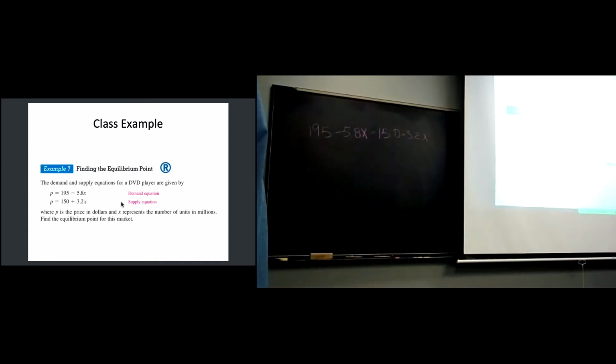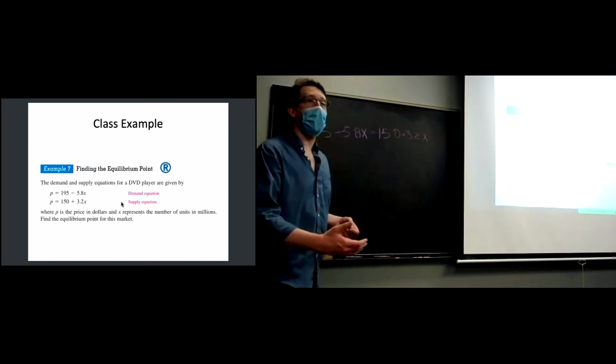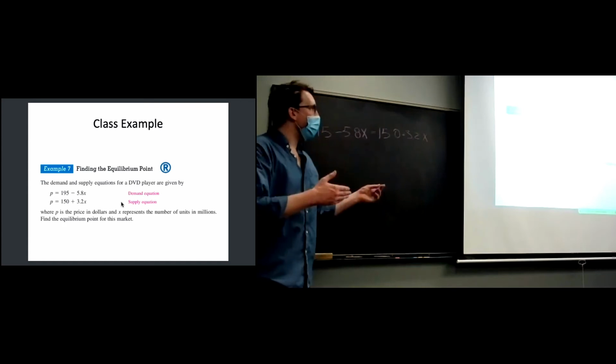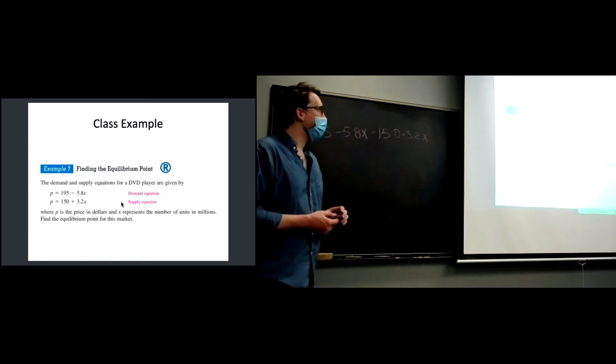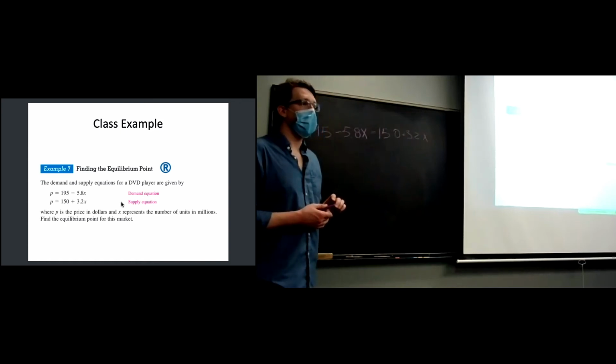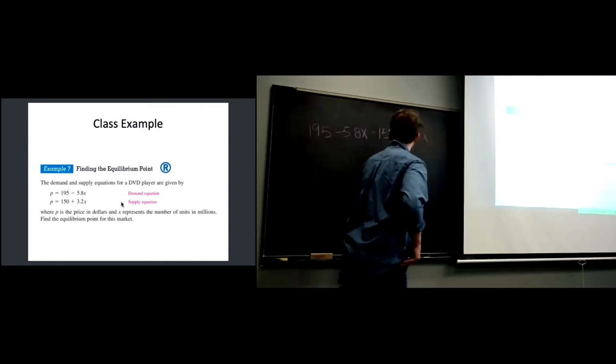And all we're doing here is saying the price of the demand equation is equal to the price of the supply equation. And now we're asking the question, what x value makes that happen? Cool. From here, we're just going to rewrite everything and solve for x.